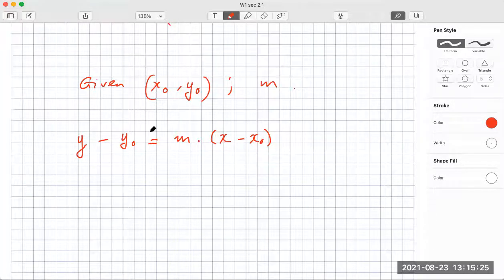Or another way to memorize this: m is equal to y minus y0 over x minus x0. This is the definition of the slope, right? We just did it before that.